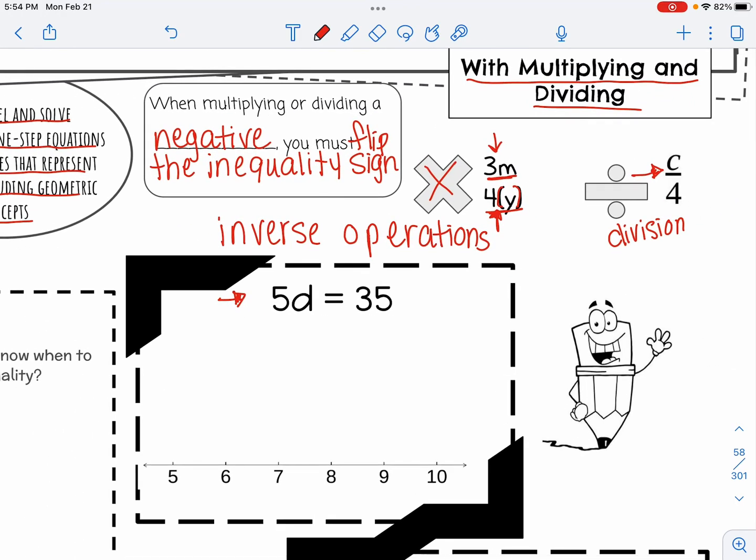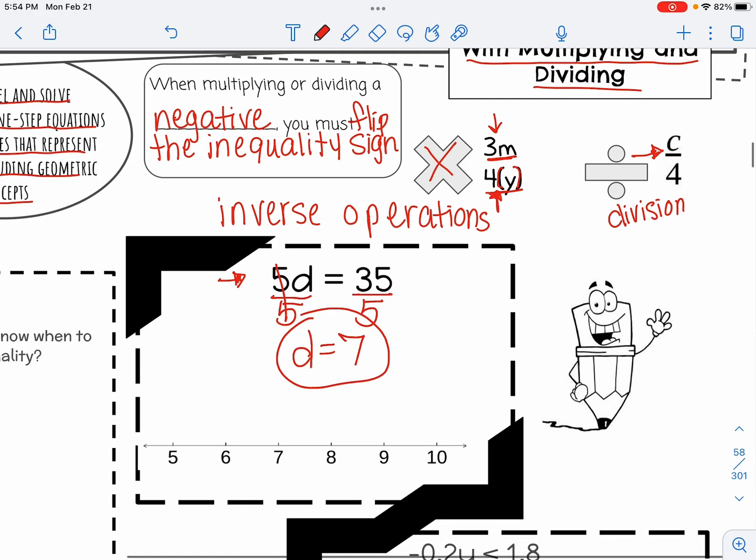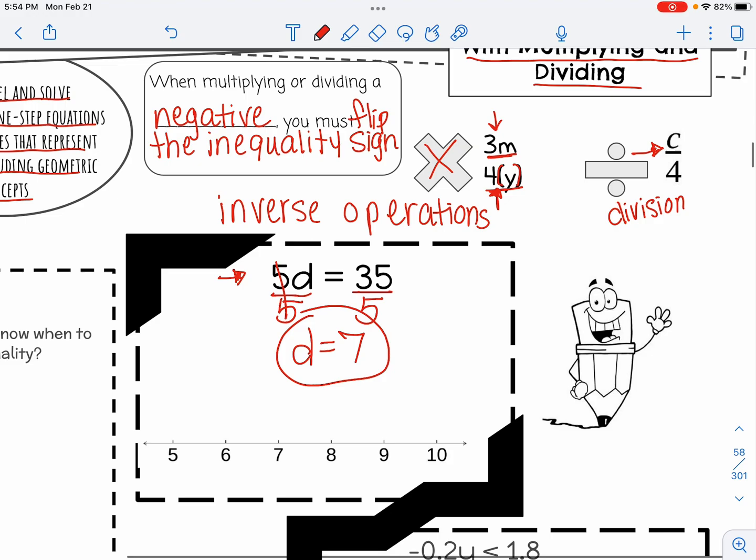So what is the inverse operation of multiplication? It's division. So I'm going to divide each side by 5. So 5 divided by 5 is 1, so I'm left with 1d, which is just d. So d equals, and then 35 divided by 5 is 7. So my answer is 7. If I was going to graph that, it would be d equals 7, so it'd just be a closed circle on 7.